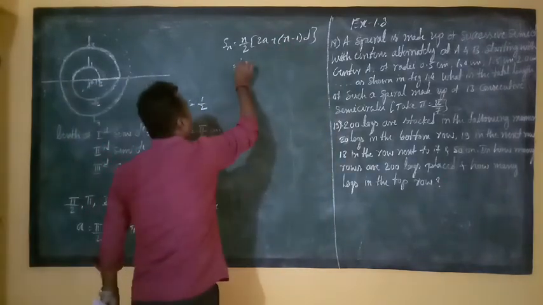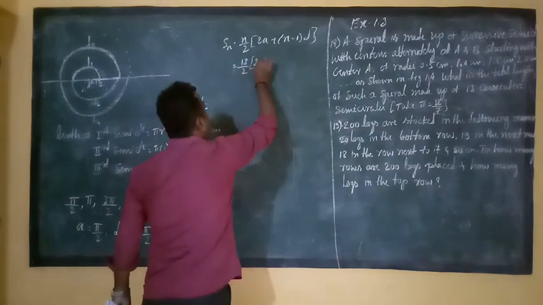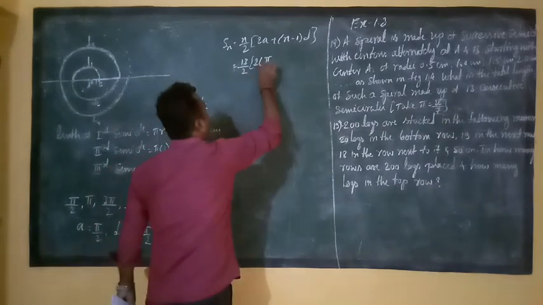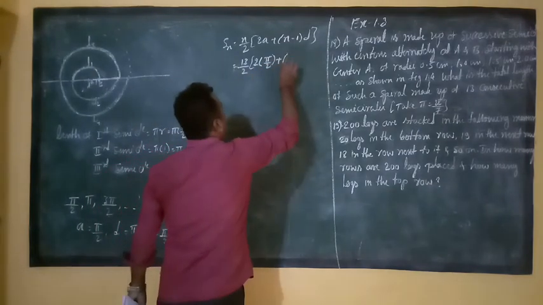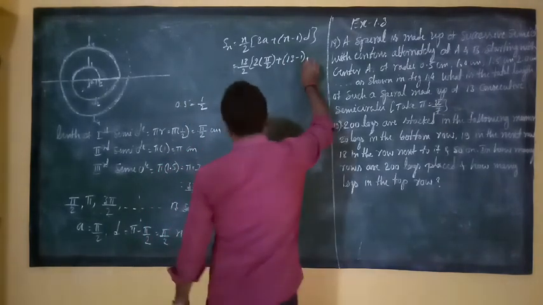Now n means 13, so 13 by 2. 2 into a means pi, plus n minus 1, that is 13 minus 1, into d, which is pi by 2.